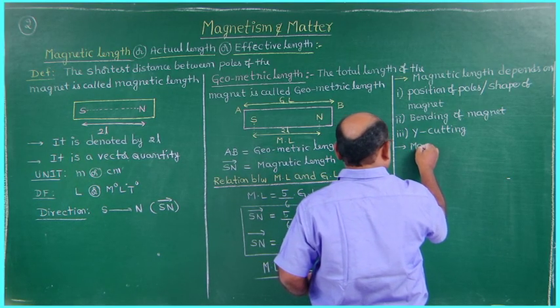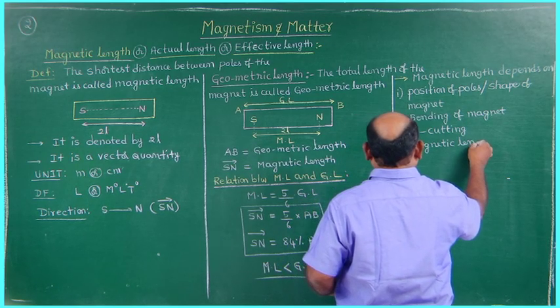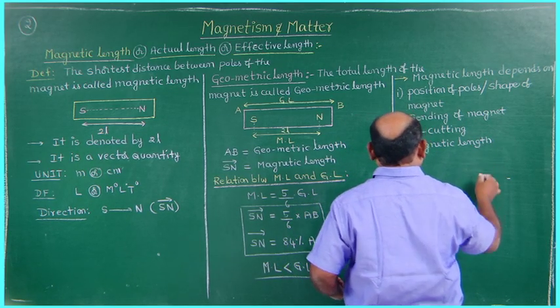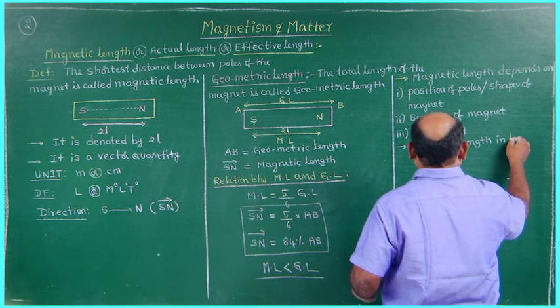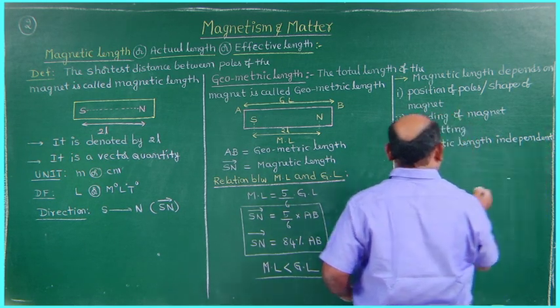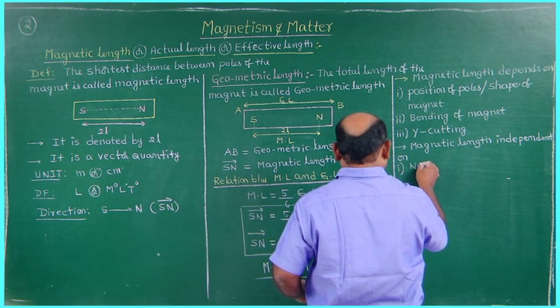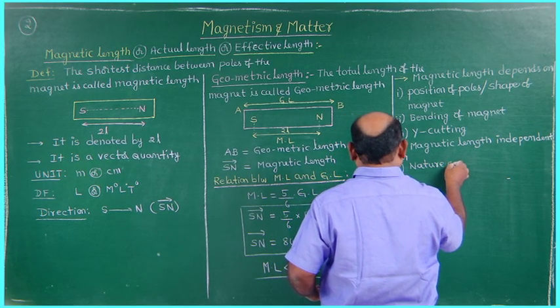Another one, magnetic length is independent of, number 1, nature of the material.